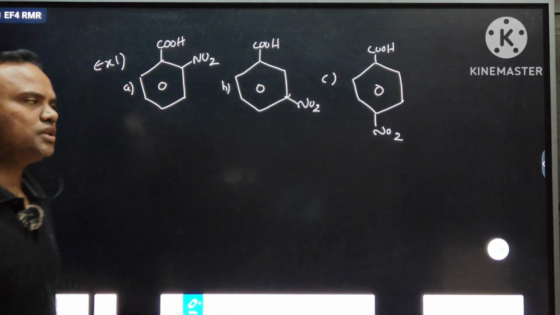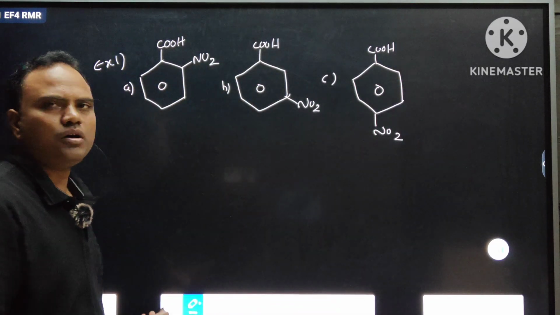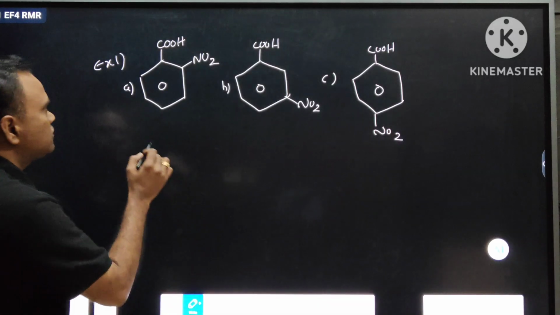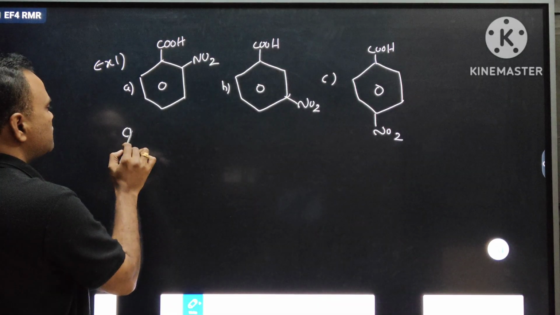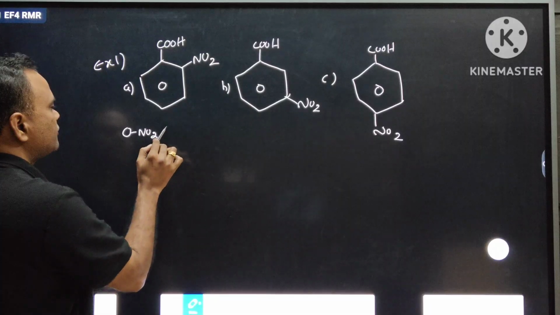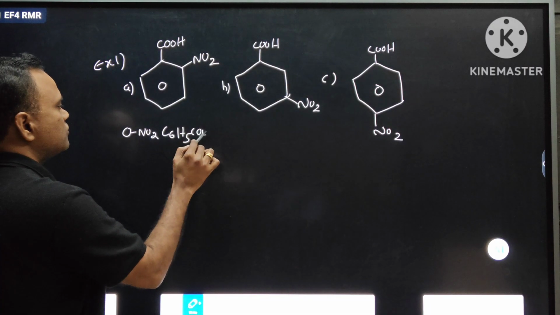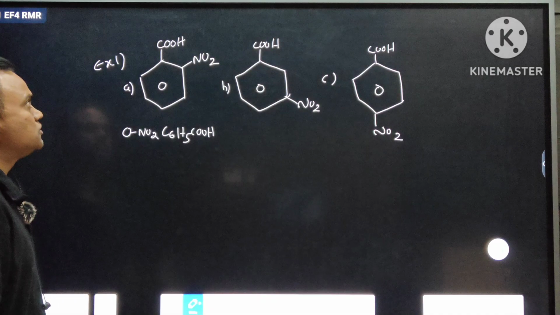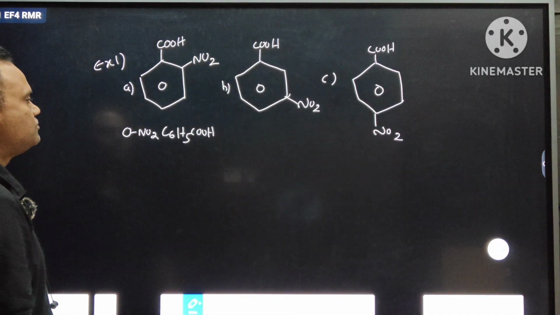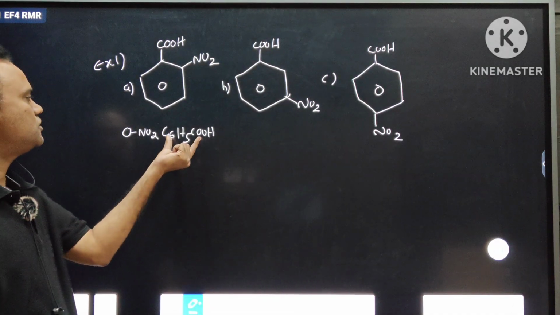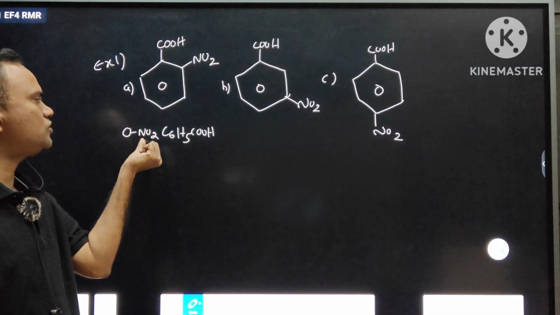In the exam, you will get a formula instead of a structure. You can write it like this: ONO2 C6H5 COOH. This is benzoic acid with NO2 in the ortho position.